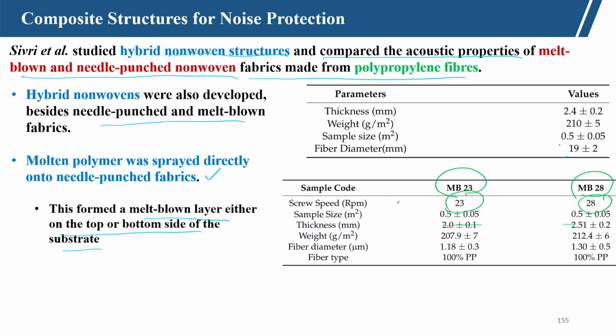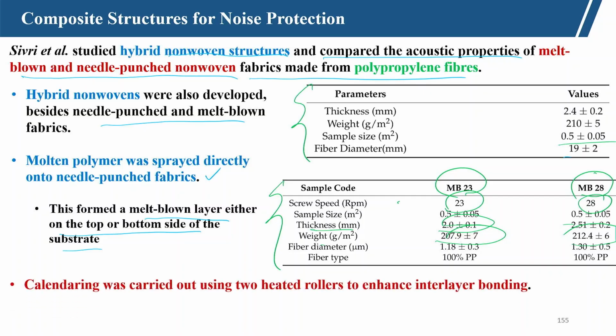The sample size is 0.5 square meter and thickness is 2 millimeter here, and weight 207 gram per square meter, and for MB 28, 212. So, these are the parameters for the melt blown, and here for the needle punched, and they are sandwiched. So, this is actually 210.